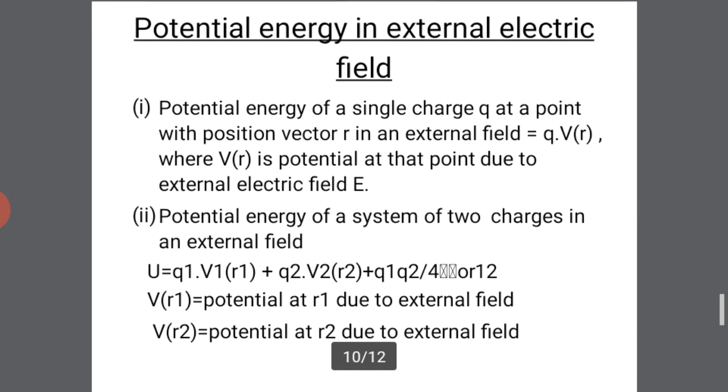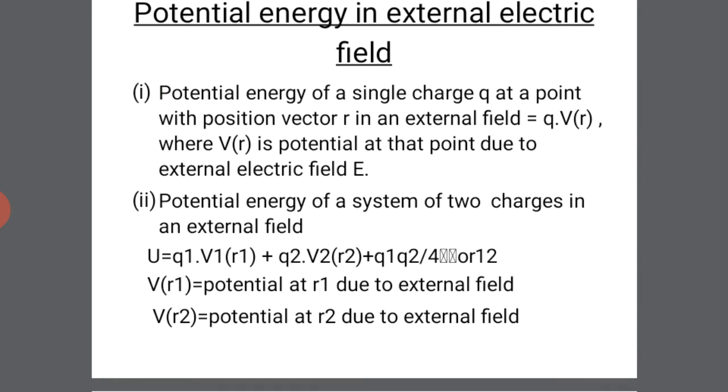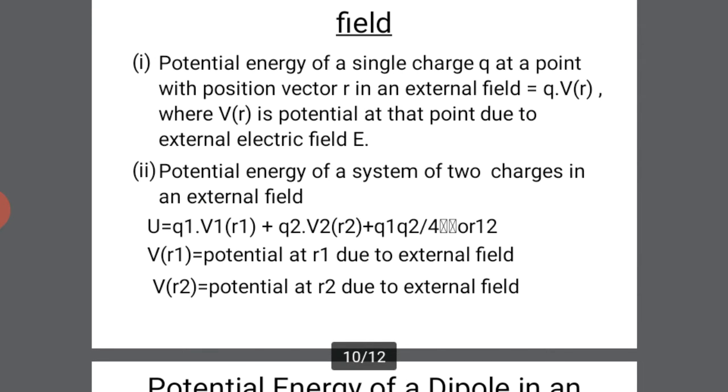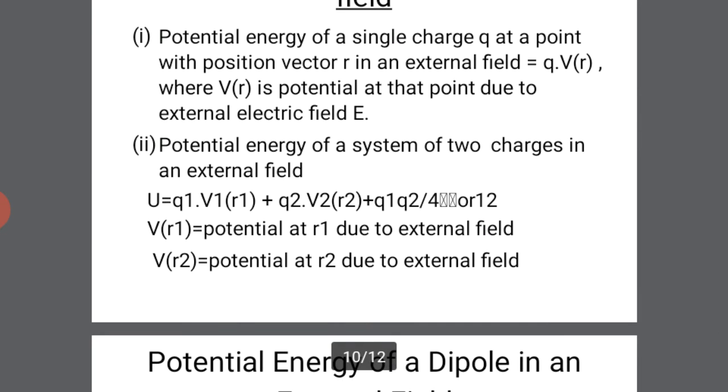Suppose there is a single charge, then the potential energy of that single charge will be equal to Q times V of r, where V of r is the potential at that point due to the external electric field E. If there is a system of two charges, then the formula for electric potential energy will be U equals Q1 V1 plus Q2 V2 plus Q1 Q2 upon 4 pi epsilon naught R12, where V of r1 is the potential at r1 due to the external field, and V of r2 is the potential at r2 due to the external field.